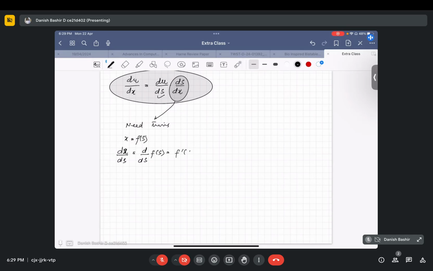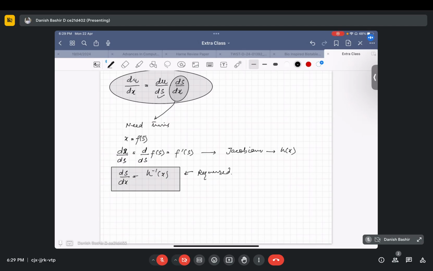It is very easy to calculate. So first we calculate this, which is known as the Jacobian. For example, if we got it as h of x, then in order to get ds by dx we just have to invert it. We have to find h inverse of x. This is what we require.